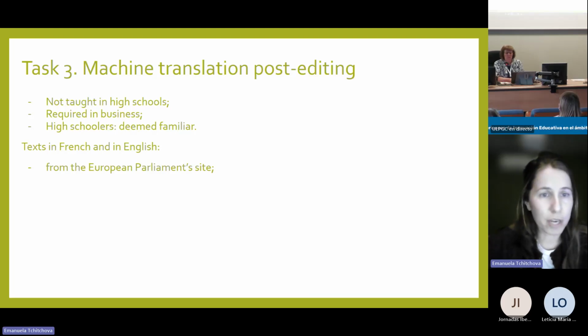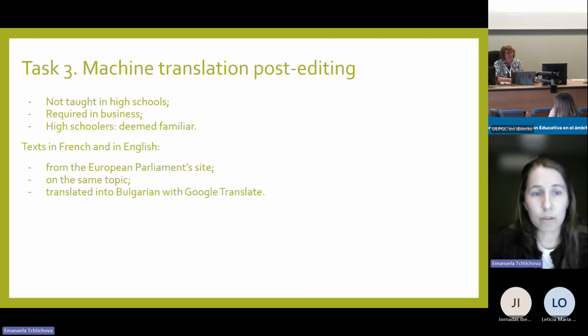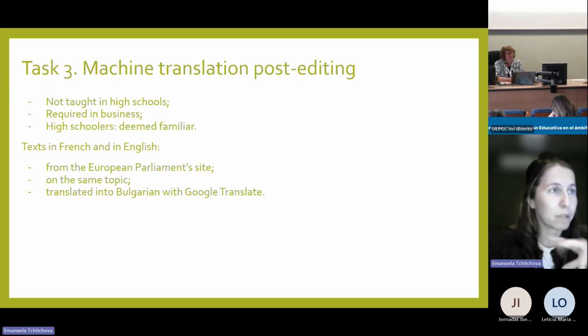The originals were in French and in English from the European Parliament site. 2 identical texts and on the same topic, and then we had to translate. We had the machine translation in Bulgarian, and we asked the high school students, based on the machine translation in Bulgarian, to compile the best sounding Bulgarian text that they could in order to skip all the inaccuracies of machine translation.